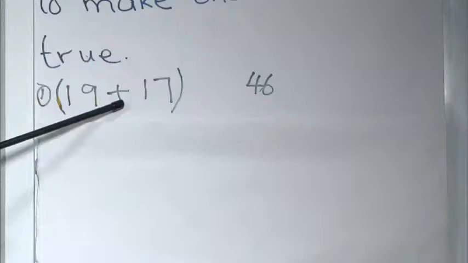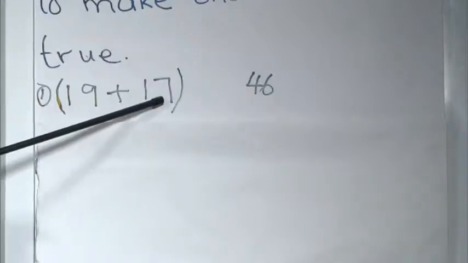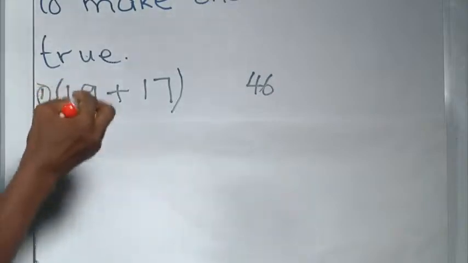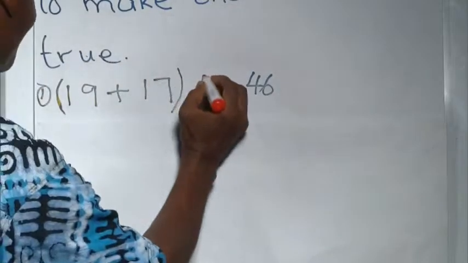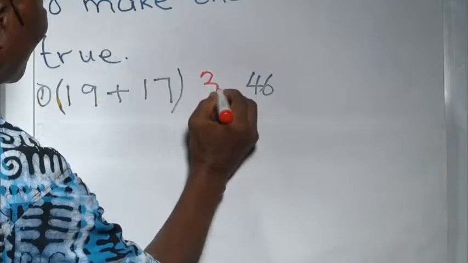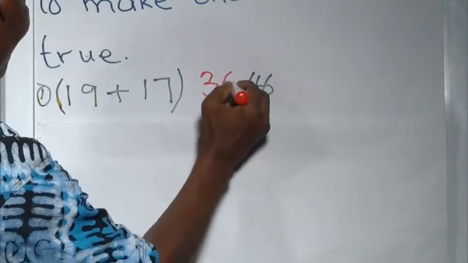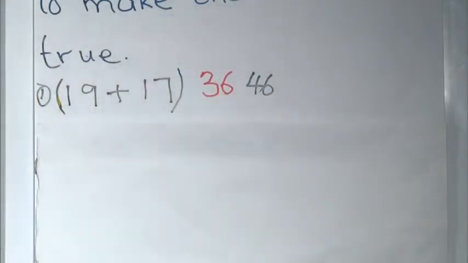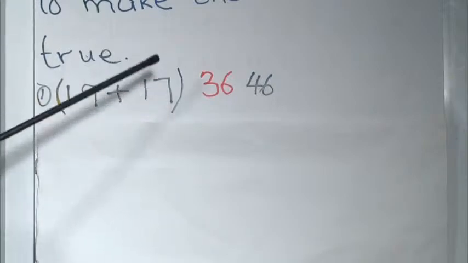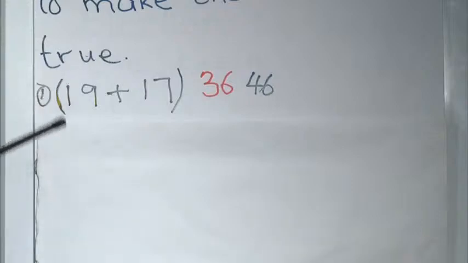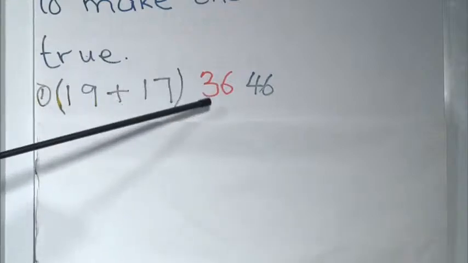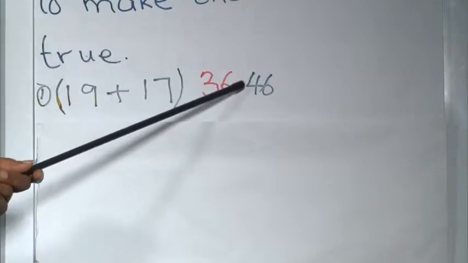19 plus 17. What do we get? 36. 19 plus 17 equals 36. Now let's see. Is 36 the same as 46?